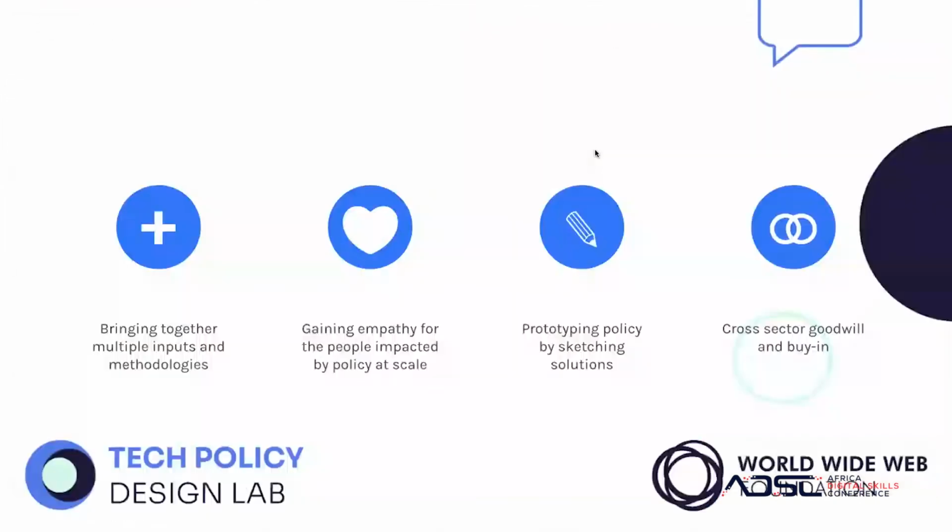methodology, which, at least for our Tech Policy Design Lab, has these 4 pillars. The first pillar is about bringing together multiple inputs and methodologies. As I mentioned, there's no dearth of design thinking tools out there.